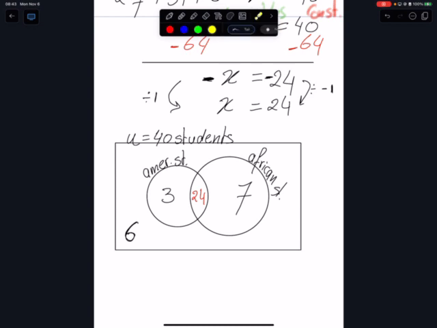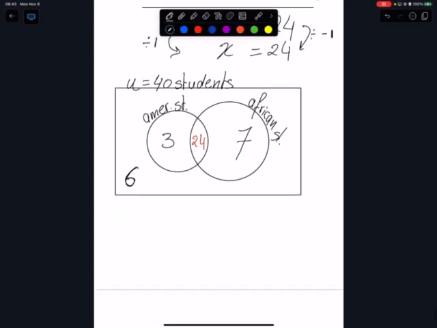And now if you count everything together, 3, 7, 10 plus 24 is 34. Add the 6, you have your 40 students. And then we go to the first question.